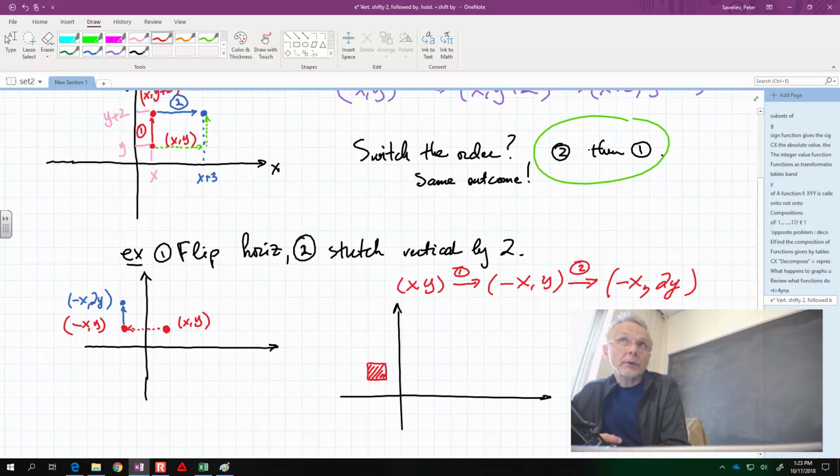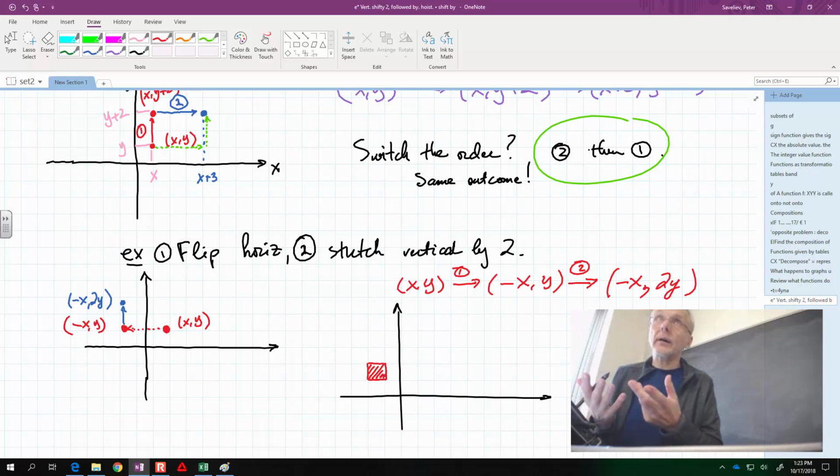It will turn into a rectangle. Can you be more specific? Right, so it will be twice as long. It will be stretched vertically, literally. So a square will become a rectangle, stretched in the direction that we pointed out. It is stretched vertically, but where is it going to be located?